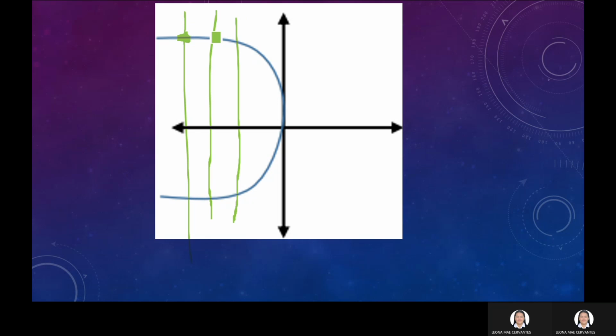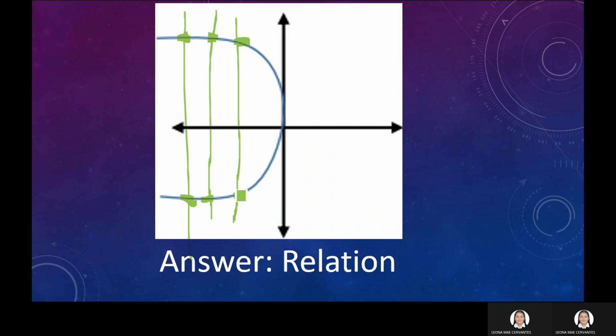Okay, so here, as you can see, the vertical line passes through 2 points in this graph. So this is an example of relation. Next.